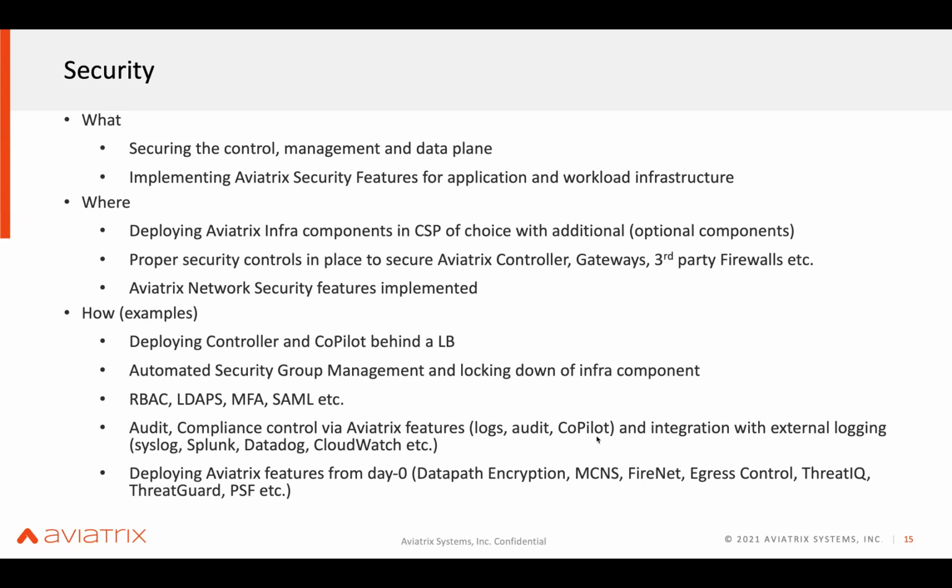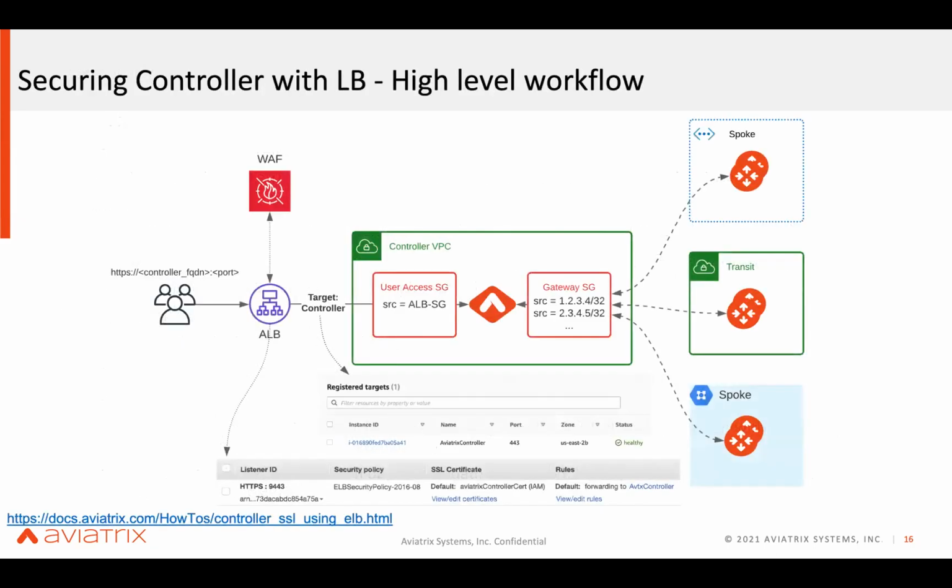Cool. So in the next couple of slides, I just have some examples. For example, deploying a load balancer in front of the controller to protect it from being exposed to the internet. That's one thing. The other things are a better logging mechanism that may come from the load balancer, and some health checks that you want to implement.